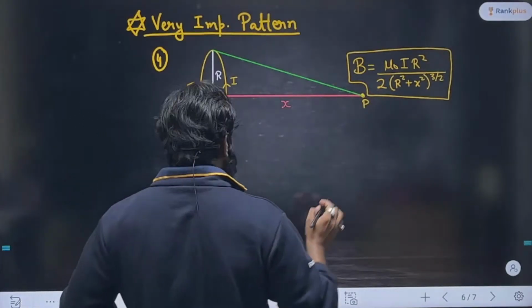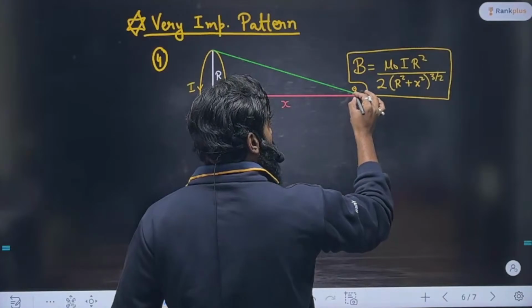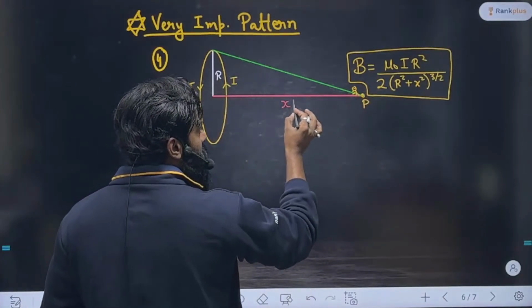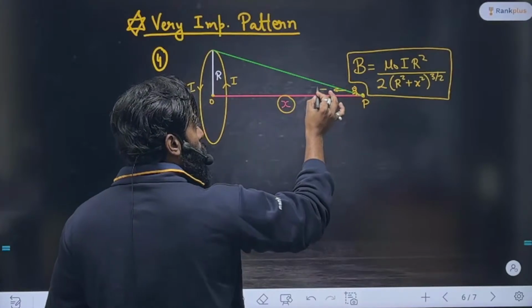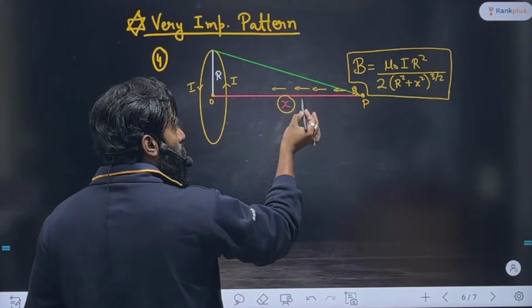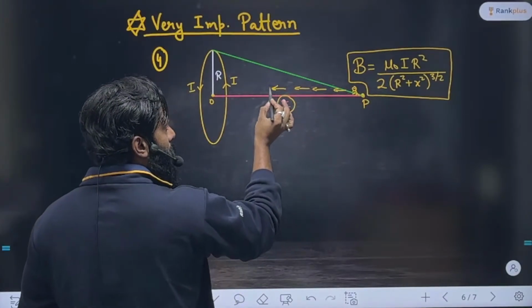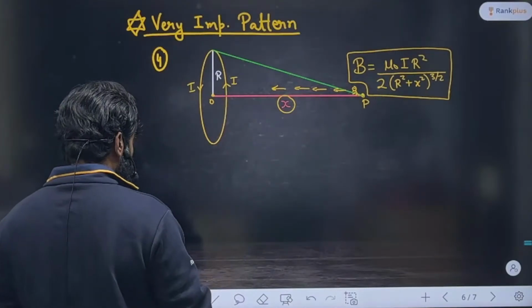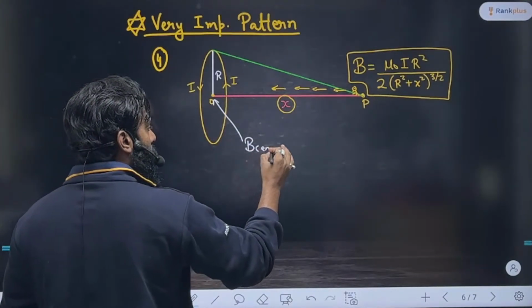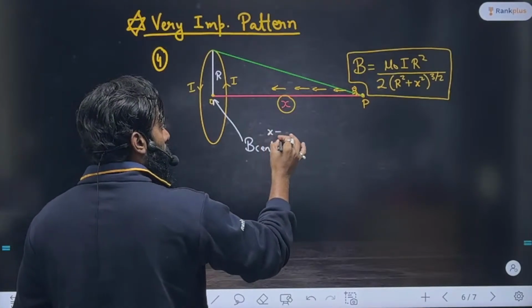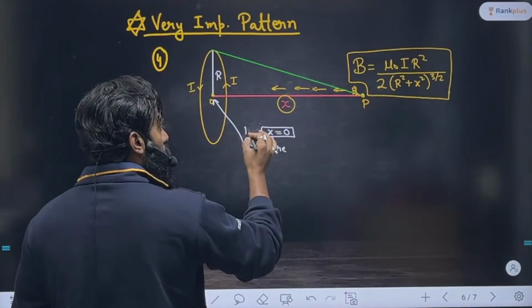Now assume that you are standing at this point, at a distance x from the center O, and if you move towards the center, what is happening? Your x is decreasing, right? And what if you reach this point? So B at center, you have to put x equals 0, right?